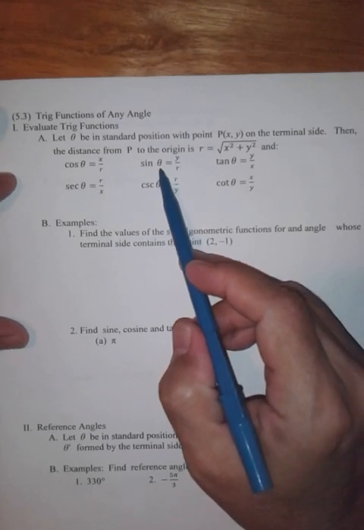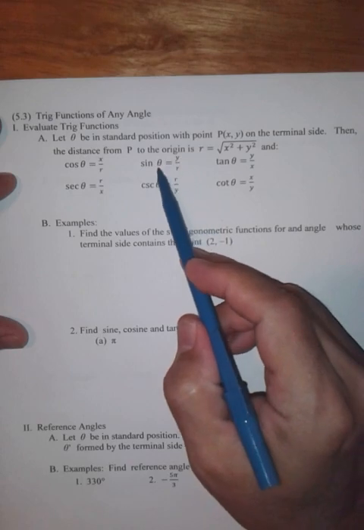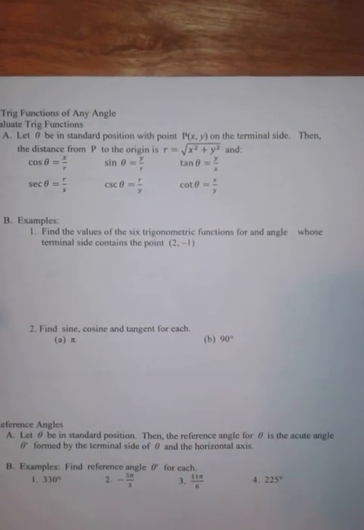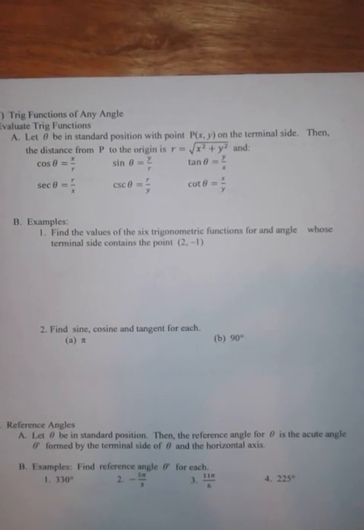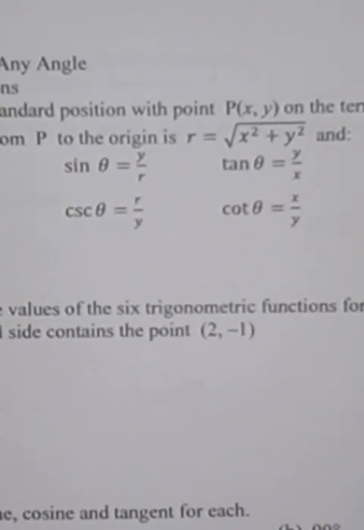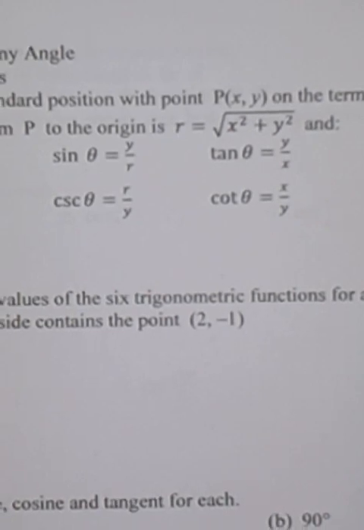Same thing with the sine of theta: if y is positive, then the sine of theta will be positive, and if y is negative, then the sine of theta will be negative. If you look at tangent of theta, y over x, that depends on the signs of those. If they're both positive or they're both negative, then the tangent is positive. If one of them is negative and the other positive, then the tangent will be negative.